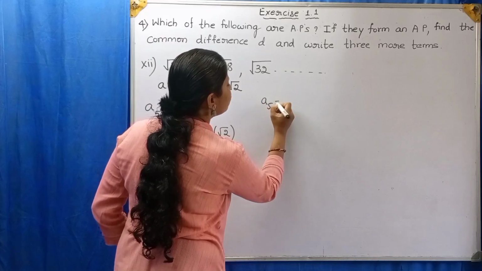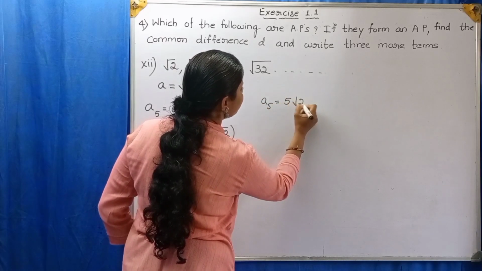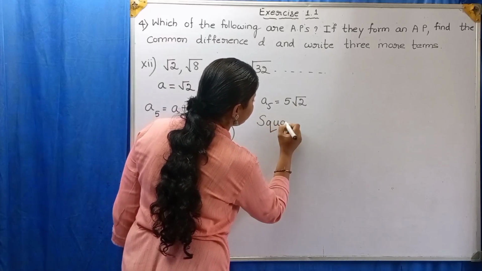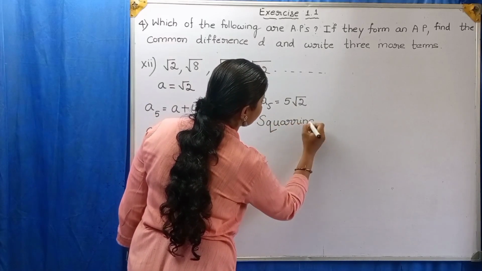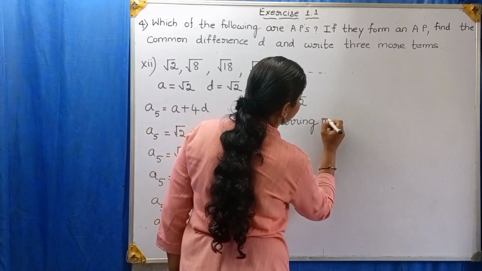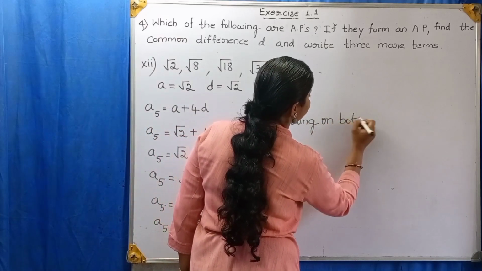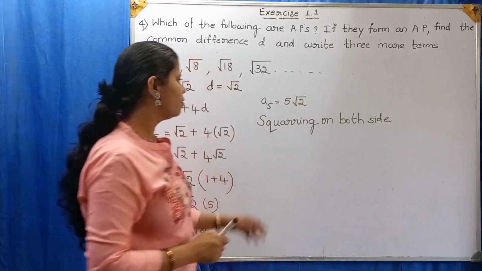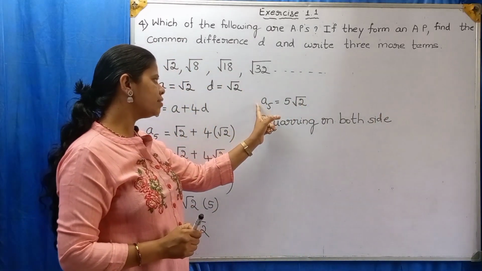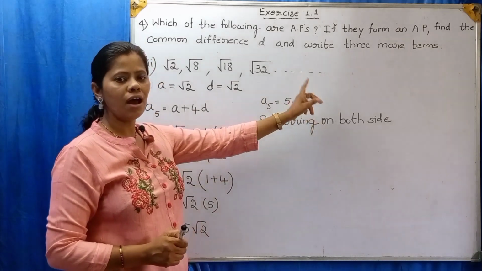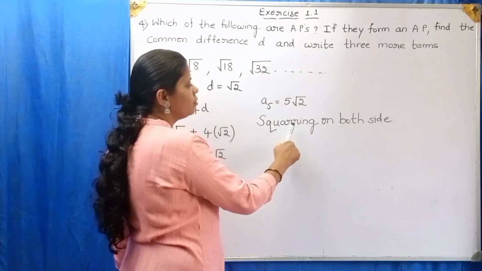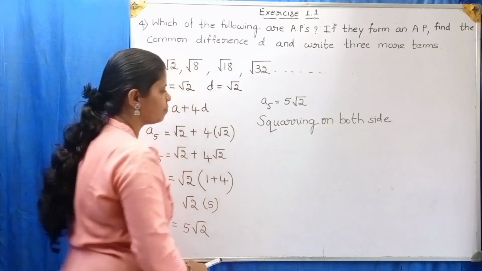Do squaring on both sides. We know that what we are doing to the LHS, same thing we have to do for the RHS. Therefore, we have to do the squaring on both the sides.